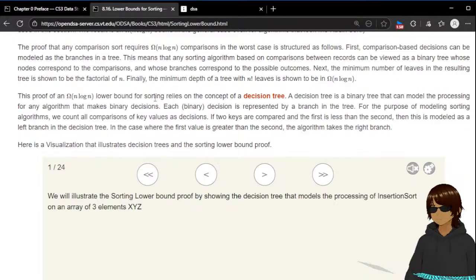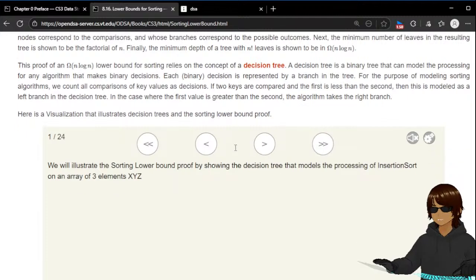For the purposes of modeling a sorting algorithm, we count all comparisons of key values as decisions. If two keys are compared and the first is less than the second, then this is modeled as the left branch in the decision tree. In the case where the left value is greater than the second, the algorithm takes the right branch. Here is a visualization that illustrates decision trees and the sorting lower bound proof.